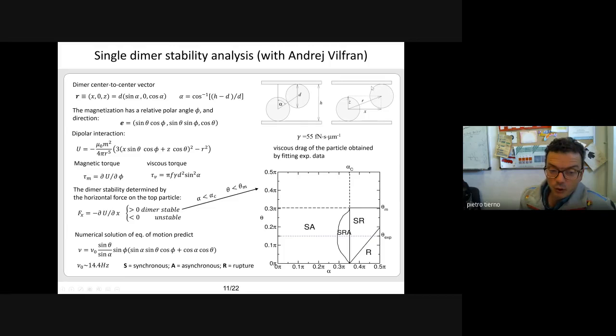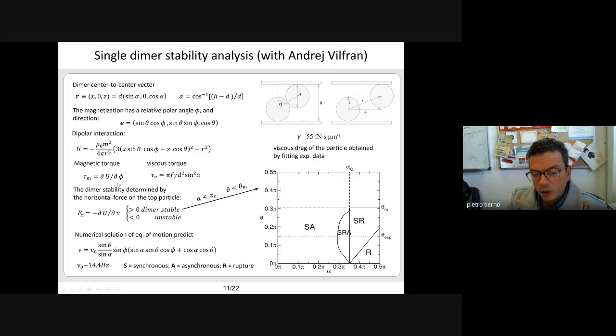His theoretical model was based simply on the interaction between two particles under this precessing field above a confinement. In this model, he balanced the viscous torque that arises from the rotation of the dimers with the magnetic torque that is applied from the rotating field.